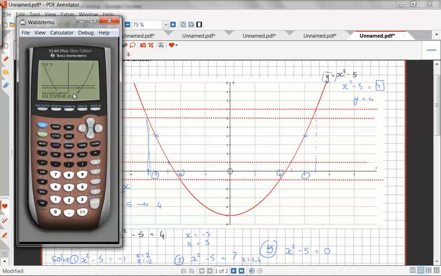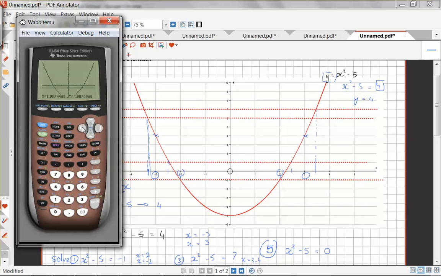We just press enter, and then it says guess. I just press enter again, and it tells me that when y is minus 1, x is 2, which was the answer. Now the question is, how do I get this other one? You move to the other side.